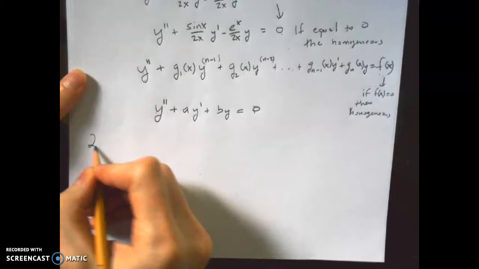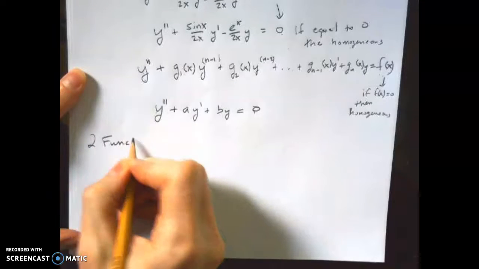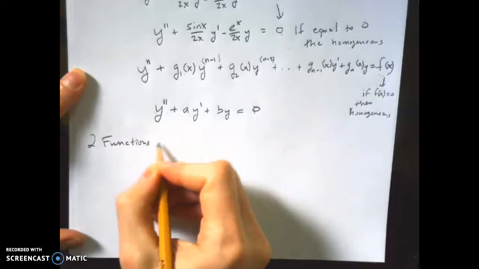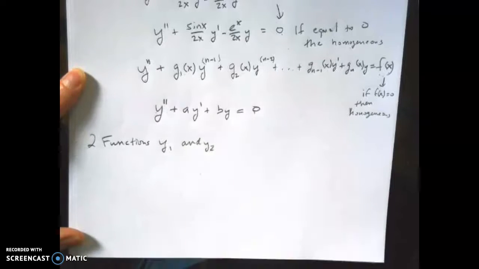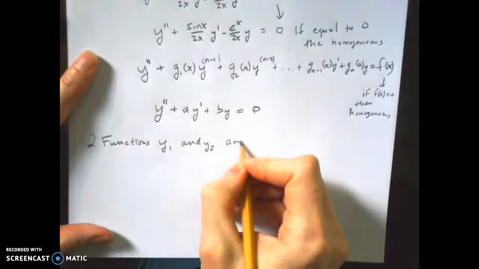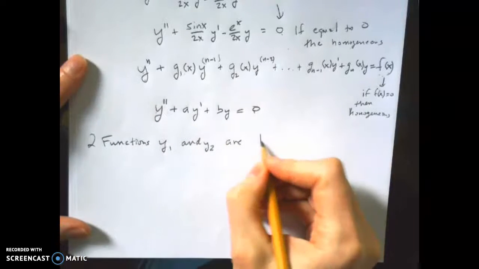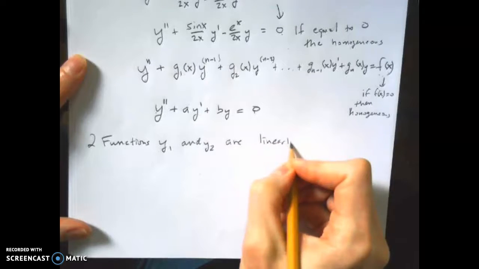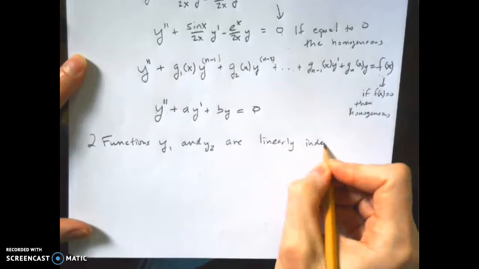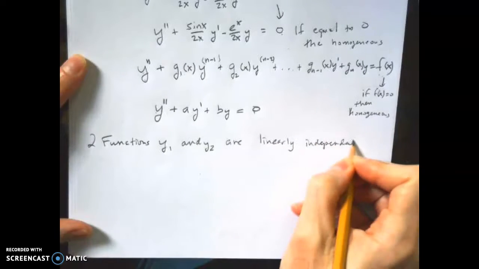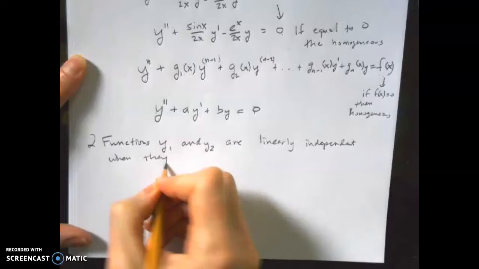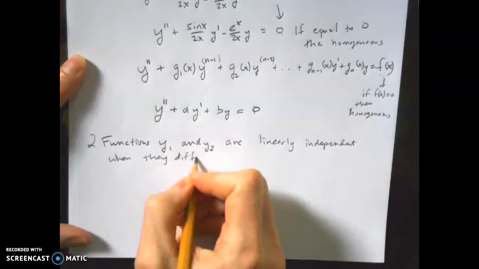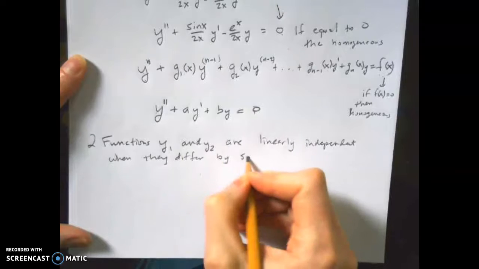So two functions, let's say y1 and y2, are considered linearly independent when they differ by something more than a constant.